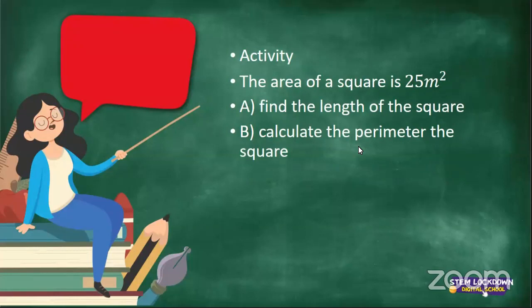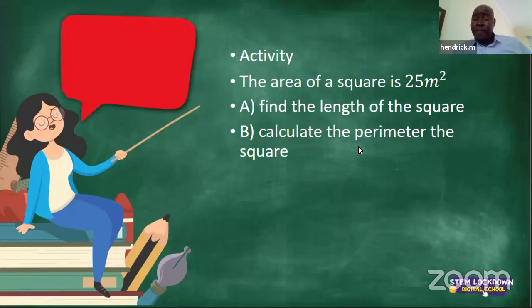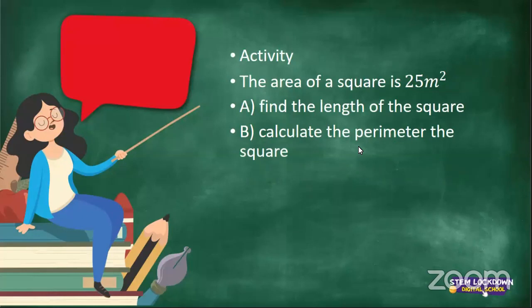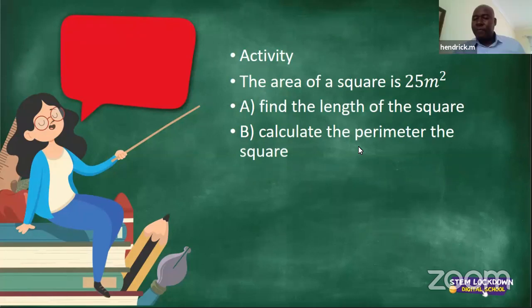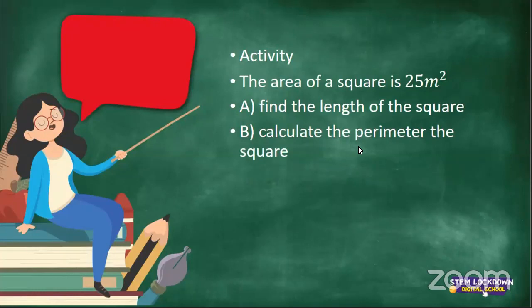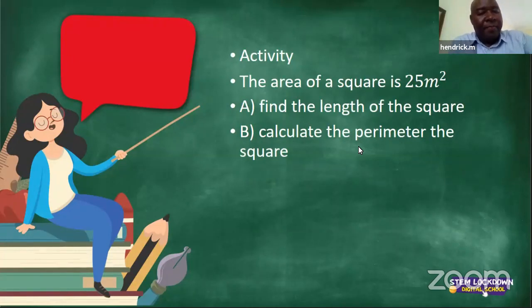Sir, can you hear me? Yes, I can hear you. You said the area of the square is 25 meters squared, right? Yes, that's correct. Well, remember, the 25 has already been multiplied.